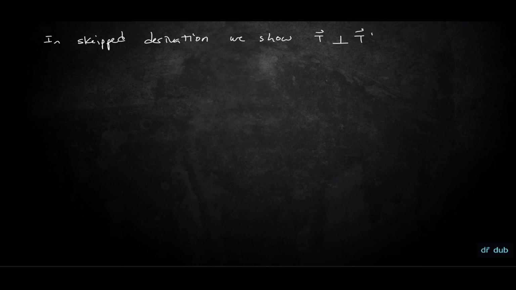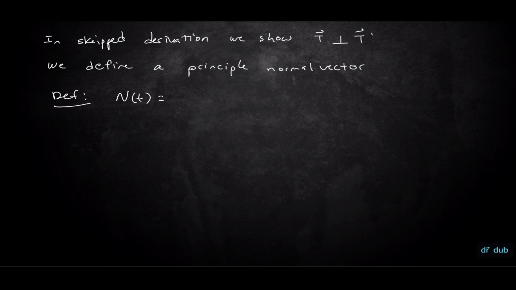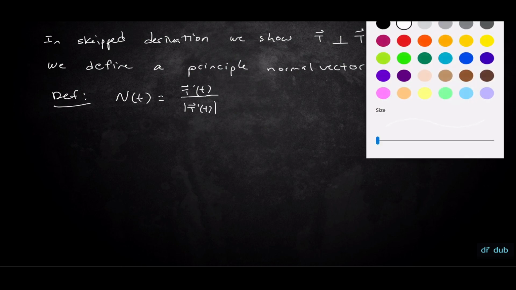So we define what we call the principal normal vector. Definition: capital N of t is defined to be T prime of t over its magnitude. So it's a unit normal vector orthogonal to the tangent vector.